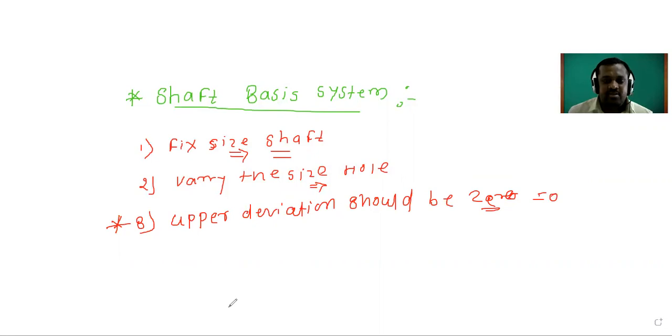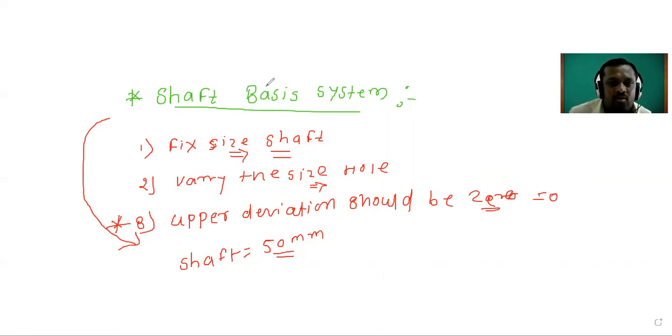Suppose we have to manufacture a shaft of 50 mm diameter, and we have to follow the shaft basis system. Suppose this is the shaft.